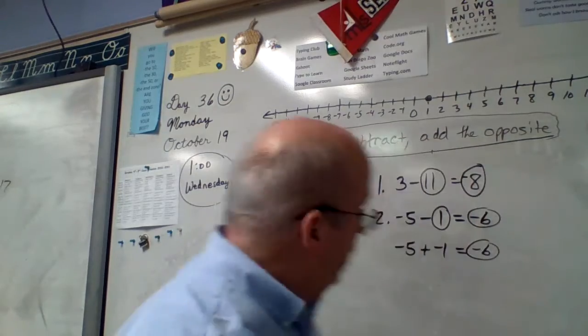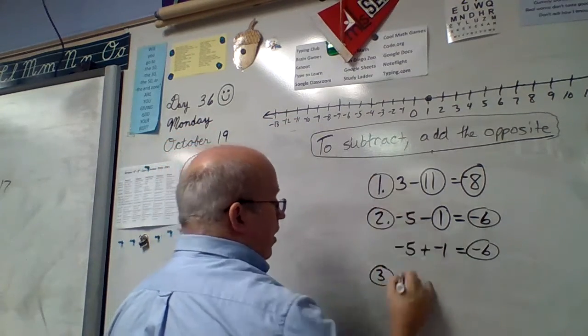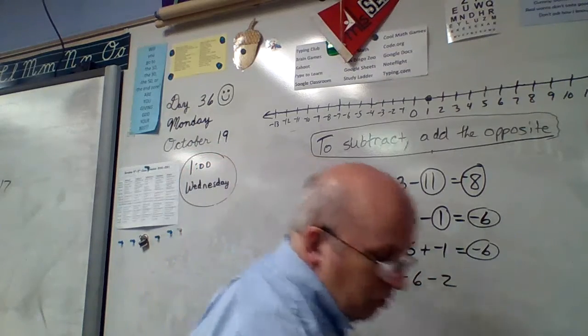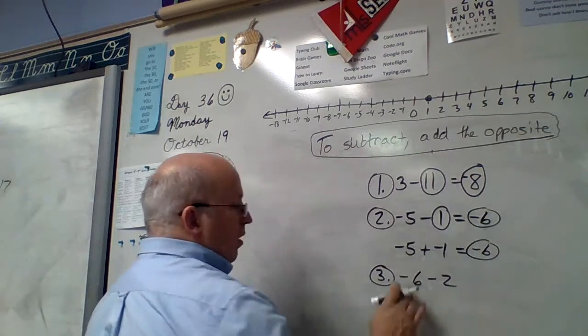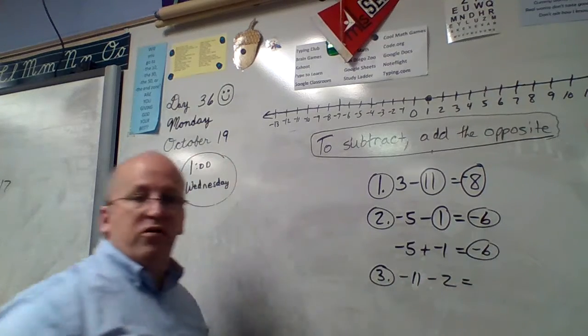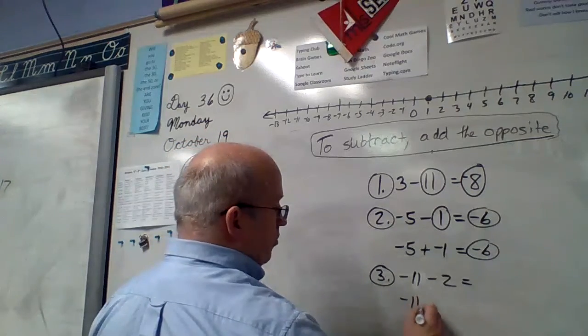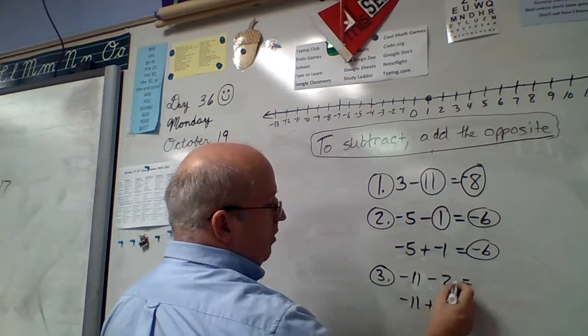Let's try number 3. Number 3 says negative 6 minus 2. I'm not going to do that one, but I'm going to do negative 11 minus 2. It's a very similar problem. How do I do subtraction? According to the rule, to subtract, I add. What do I add?